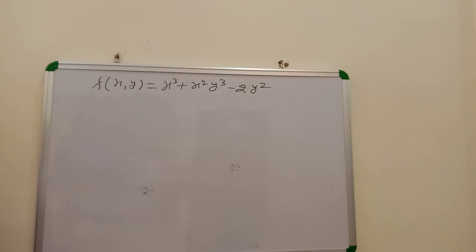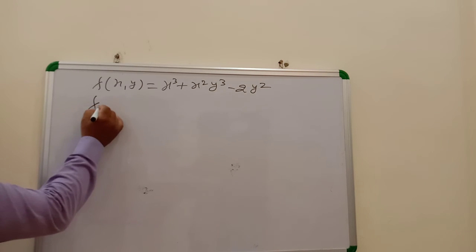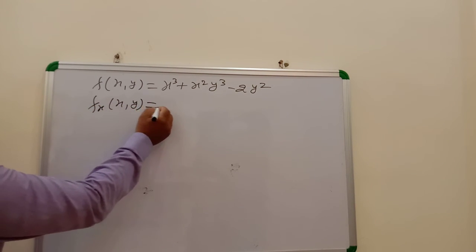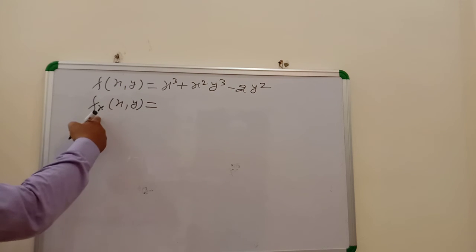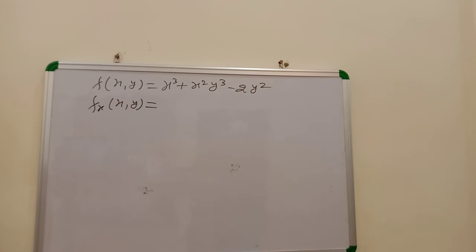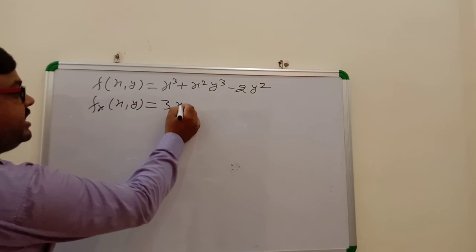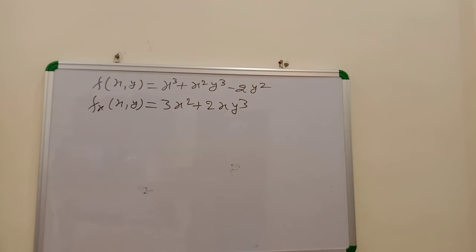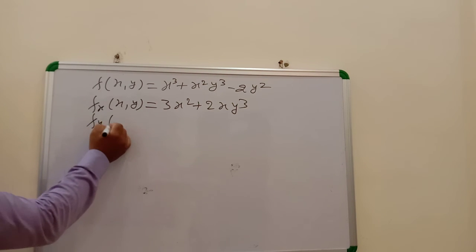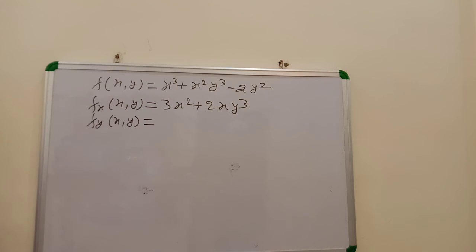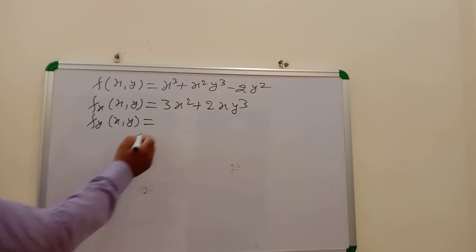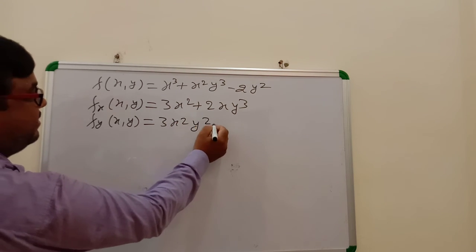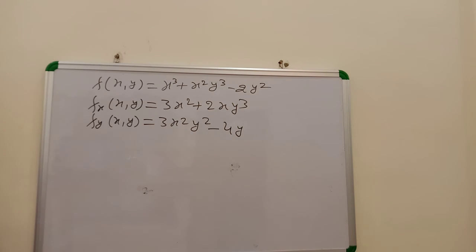The first order partial derivatives are: fx equal to, differentiating with respect to x treating y as a constant, 3x square plus 2x y cube. Similarly, fy is equal to 3x square y square minus 4y.